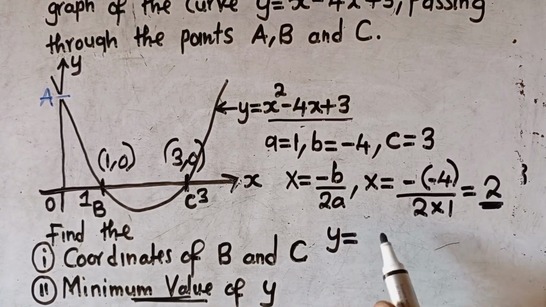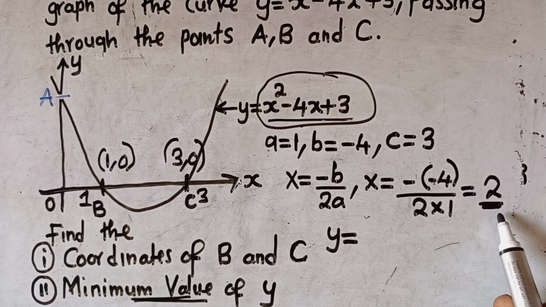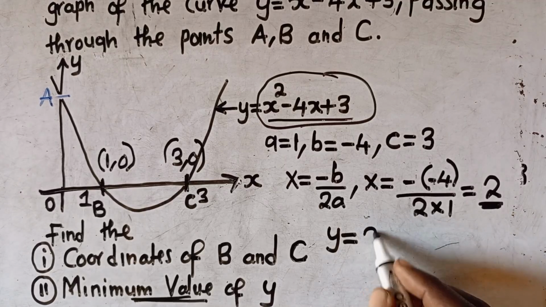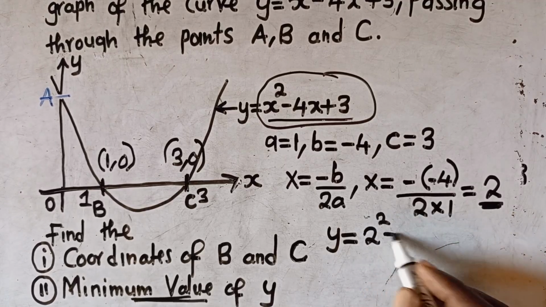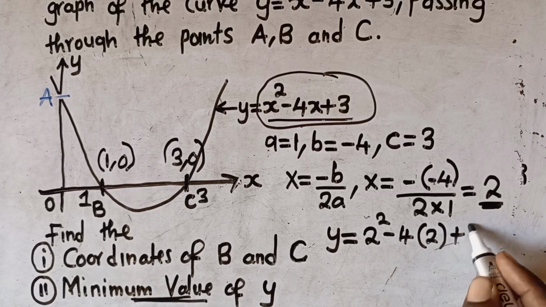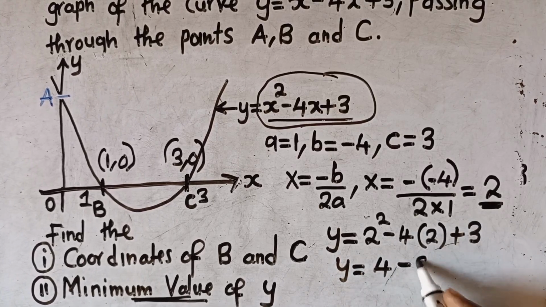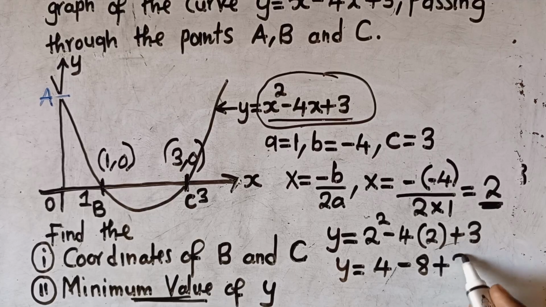y is equal to, on this given equation, where there is x, you put a 2. So that is 2 squared minus 4 multiplied by 2 plus 3. This is y is equal to 4 minus 8 plus 3. What is the value there?